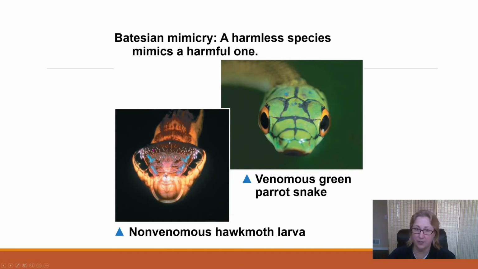So it scares off birds because, of course, the primary predator of caterpillars are birds. And many of them have defenses against birds. This caterpillar will raise its hind end up, puff it up so it looks like a snake head. And it works very effectively at scaring off birds because, of course, snakes are a predator of birds.